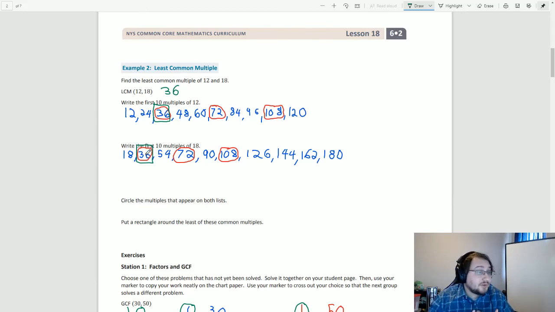I've found one that's on both lists. The first number that you find that's on both lists, that's your least common multiple. So we could have stopped right here. It could have just been like, oh, 36 is on both lists. 36 is my least common multiple. We didn't, just for the example, but we could have.